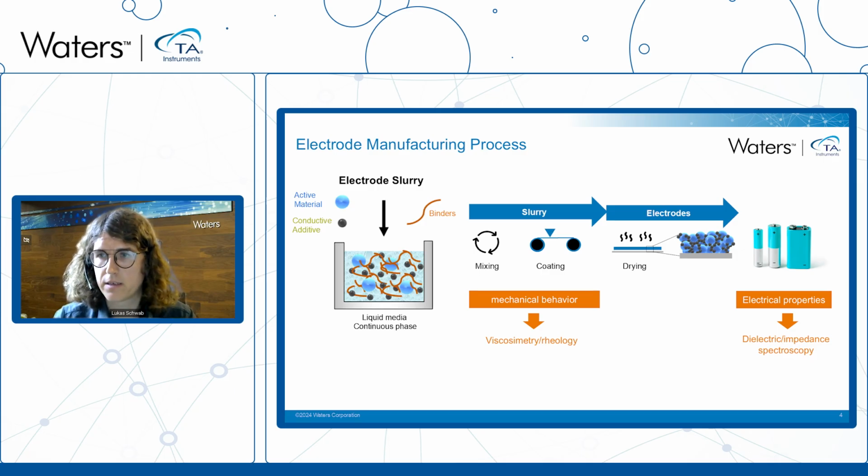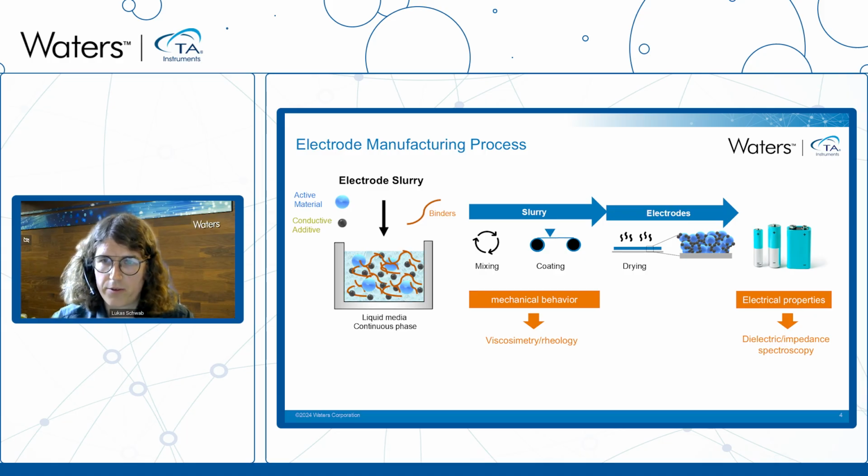How long do we need to wait between the coating and the drying so that we get a smooth surface of our electrode and things like that? That is all determined by the mechanical behavior of the slurry, and therefore we need methods like viscosimetry or rheology to determine these mechanical properties.